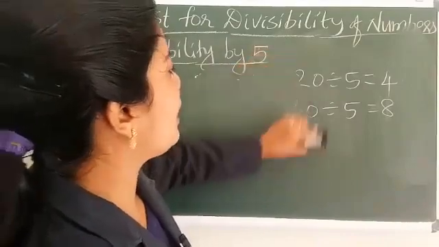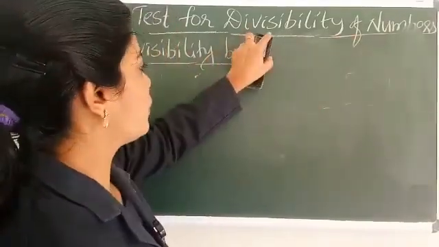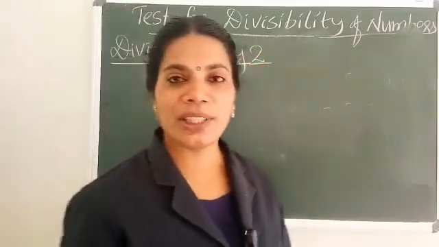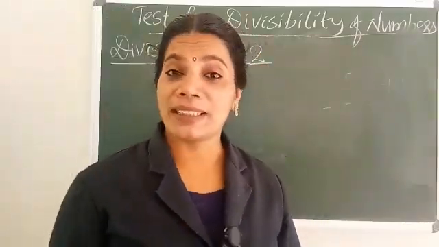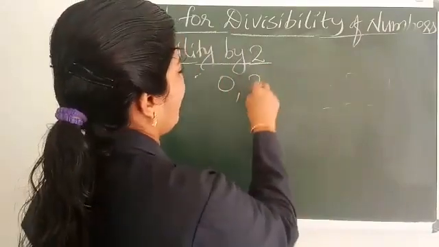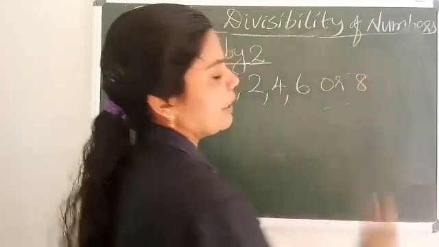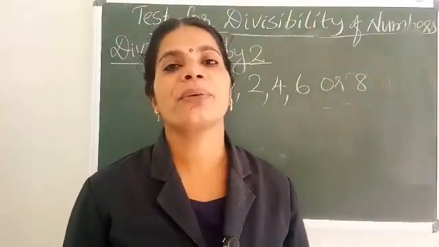Next, divisibility rule by 2. We already know that if a number ends with 0, 2, 4, 6 or 8, it is divisible by 2.